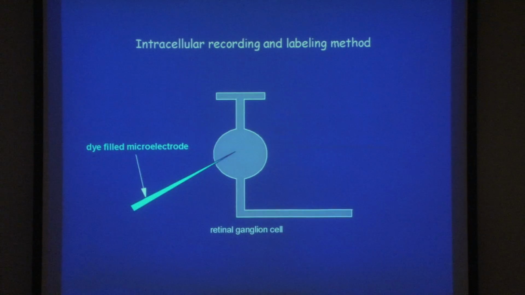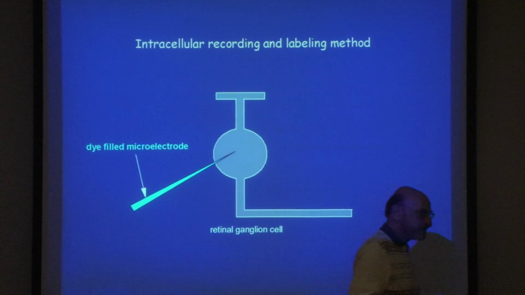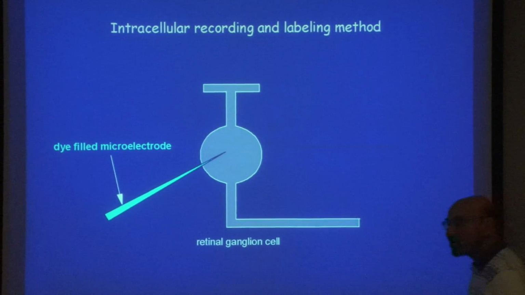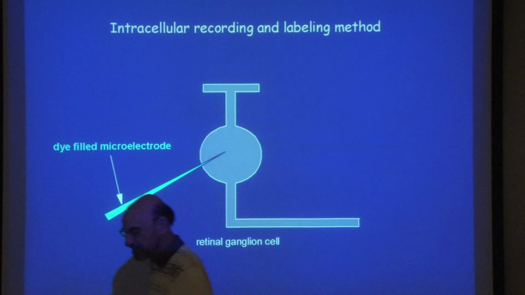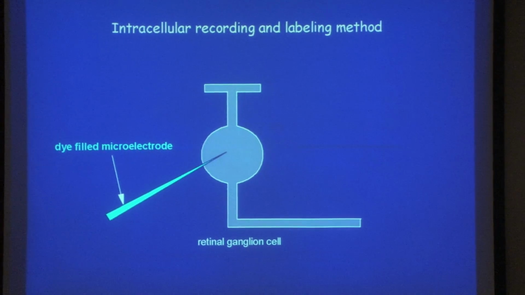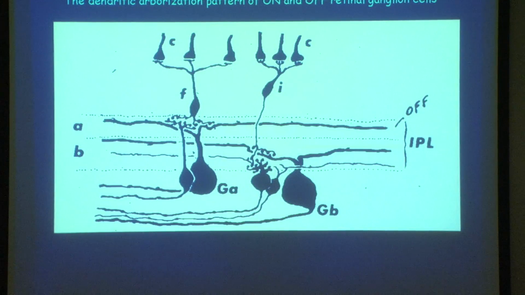So the first thing is to use this method that I had also already described, namely that you can record intracellularly from a cell, understand its functional responses, and then you can inject a label, and then you can process that anatomically to see what it looks like. So when this was done, a very interesting new finding had emerged, which is depicted here.